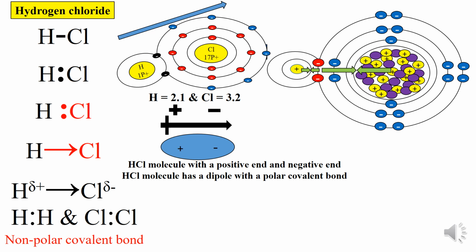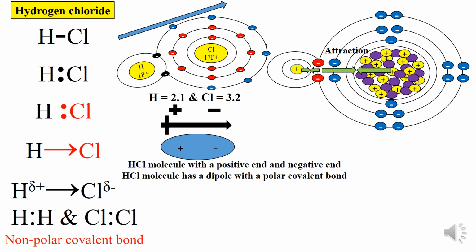In the hydrogen chloride molecule, you will find the 17 positively charged protons in the nucleus of the chlorine atom with a greater attraction for the shared pair of bonding valence electrons than the attraction of the only proton in the hydrogen atom.